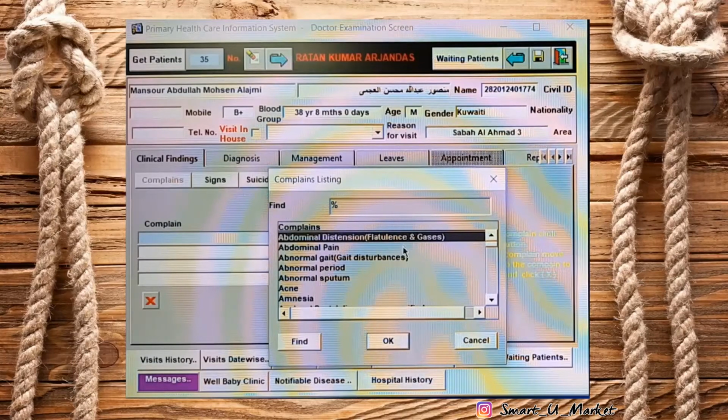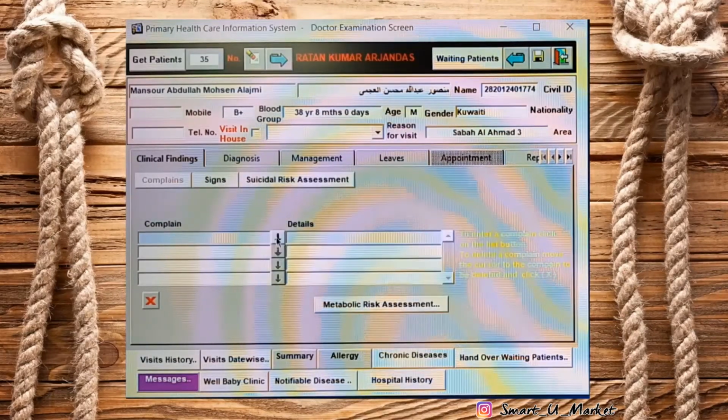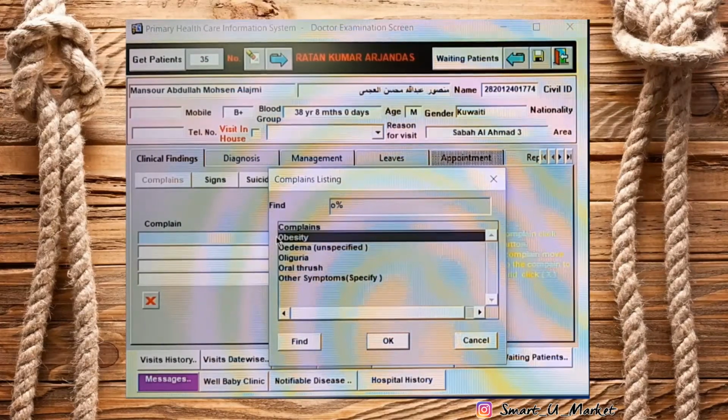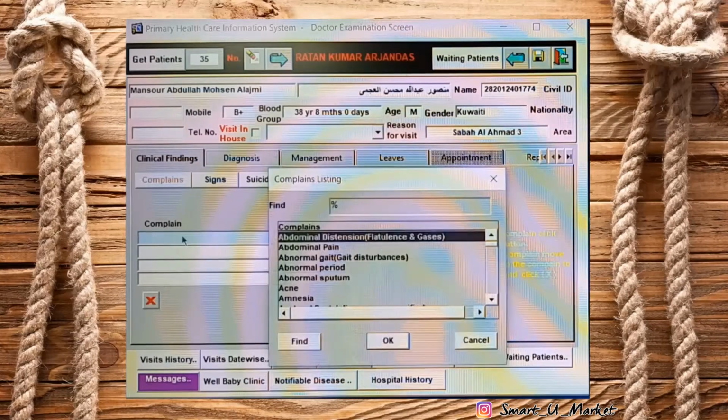Sometimes they have some symptoms that do not appear in the complaint, so we have to go through the other symptoms and write in detail what other symptoms he or she has. At least we have to write it in the system.